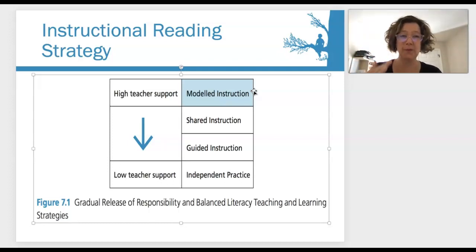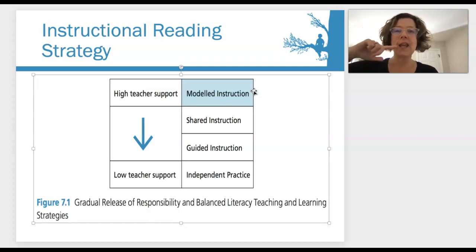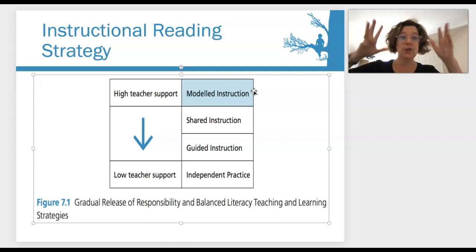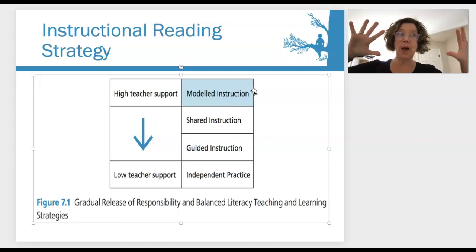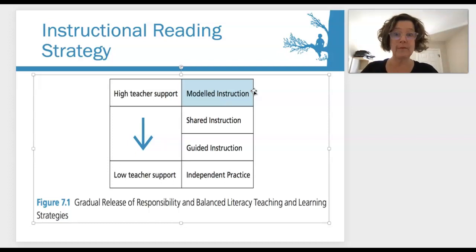Obviously, the teacher knows how to read, so you're making it up a little bit, but you are actually expressing it so that the student can hear different strategies of how to attack reading. I'm just going to read this definition: think alouds make the internal processes of reading visible as the teacher uses prompts and questions to share their thought processes with the students. Okay.